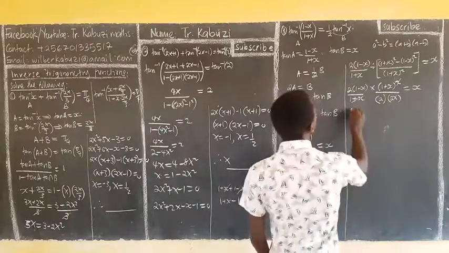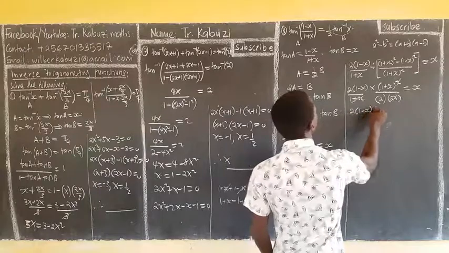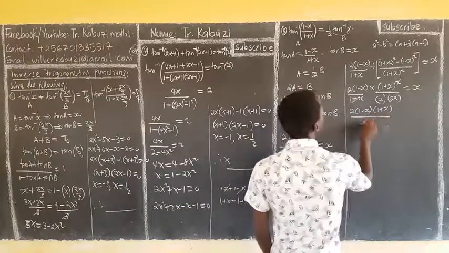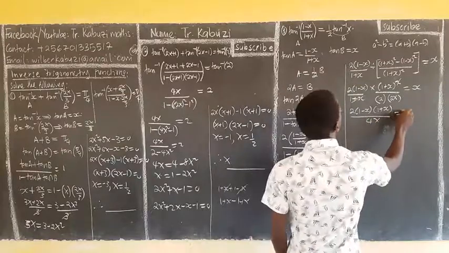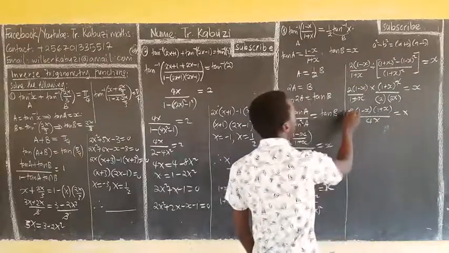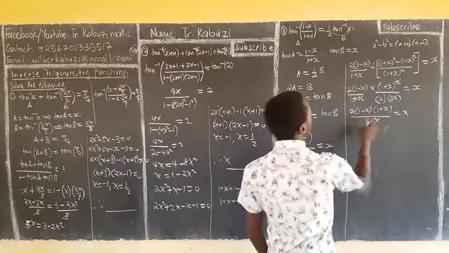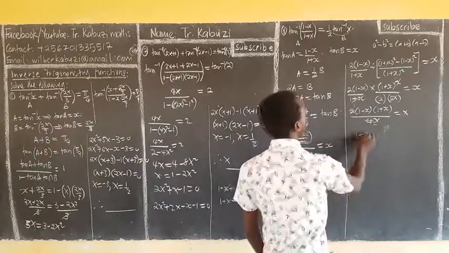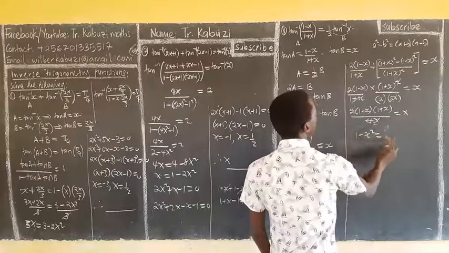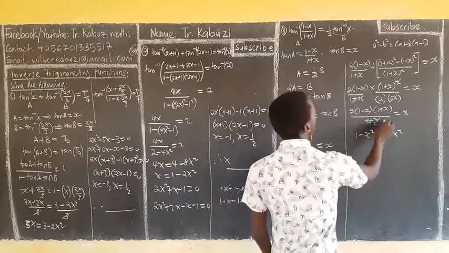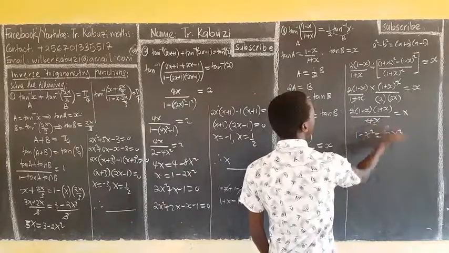So up I have 2 into 1 minus x, then 1 plus x. The whole over, here I have 4x equaling to x. So I can divide this by 1, then here by 2. So here is the difference of 2 squares, 1 minus x squared equaling 2x squared. Because here I'm having 2x there.